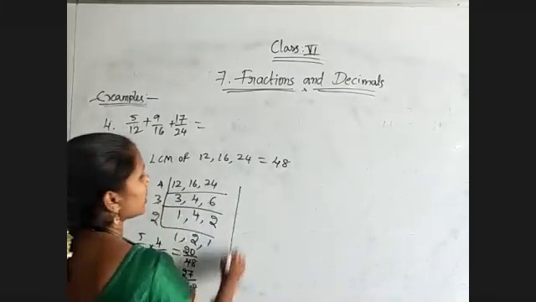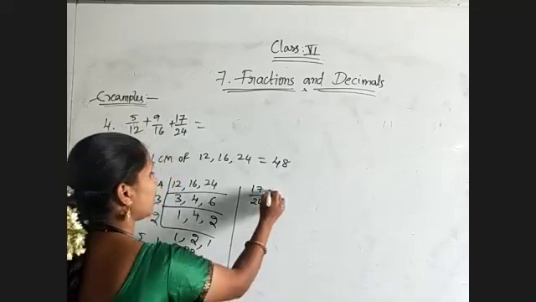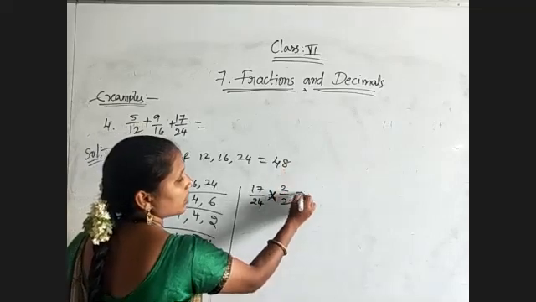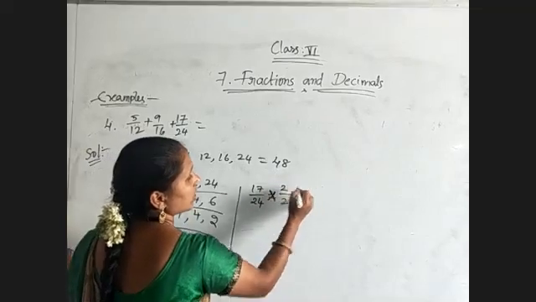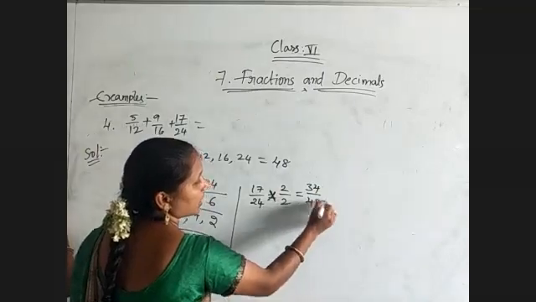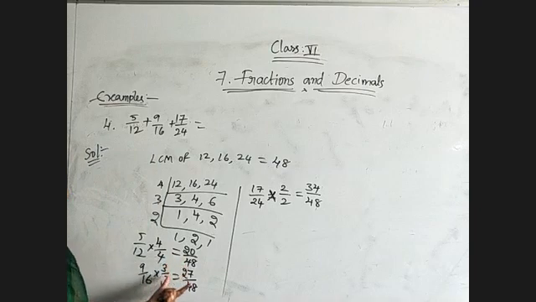And the third fraction is 17 by 24, into 2 by 2, as 24 twos are 48. So 17 twos are 34 divided by 24 twos are 48. Now we got all three fractions with the equal denominator 48. So we converted unlike fractions into like fractions.